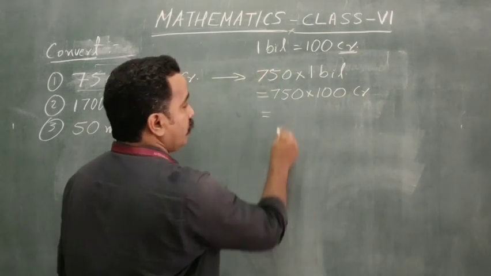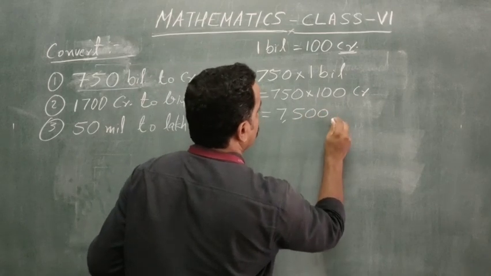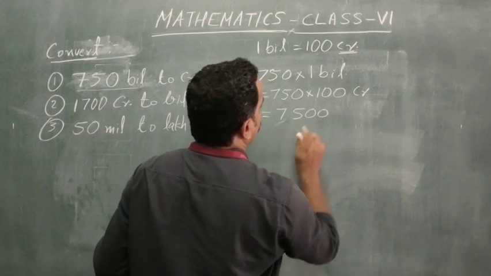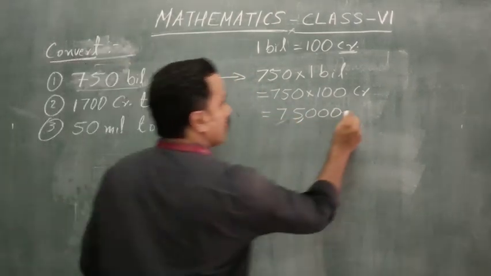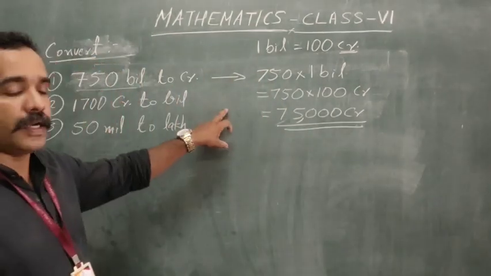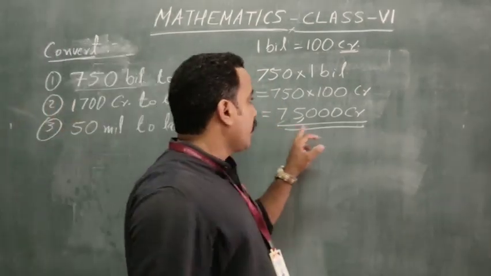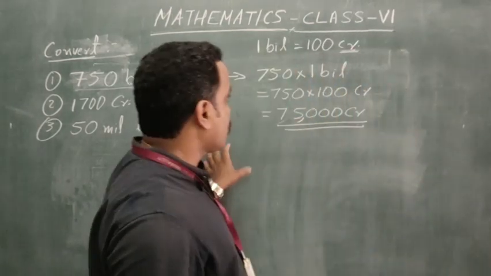So this is equal to 75,000 crore. So 750 billion is equal to 75,000 crore. That is the first example.